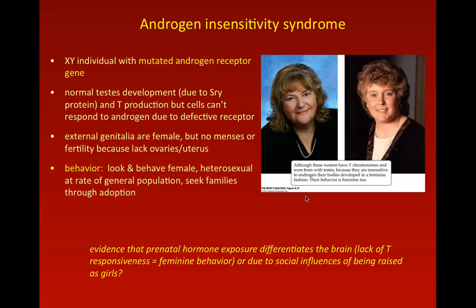And of course, we all know now that the way that we identify as adults and behave can't be boiled down to we look and behave female, because there's a huge range of female behaviors. So these studies are very difficult to interpret with our current thinking of the way that sexuality and gender work, that it's more fluid, that clearly there's not a binary to it.